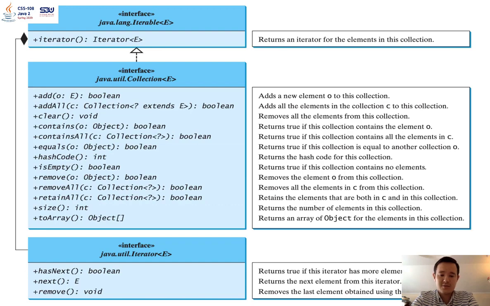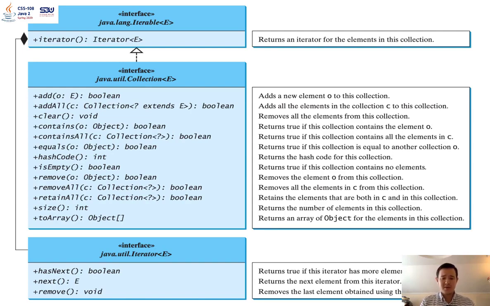hasNext gives true or false depending on whether you are at the end of the collection or not. You can put this hasNext into a while loop, and then it's like Scanner's hasNext, yeah. And then we have the next method, which gives whatever the next element is.